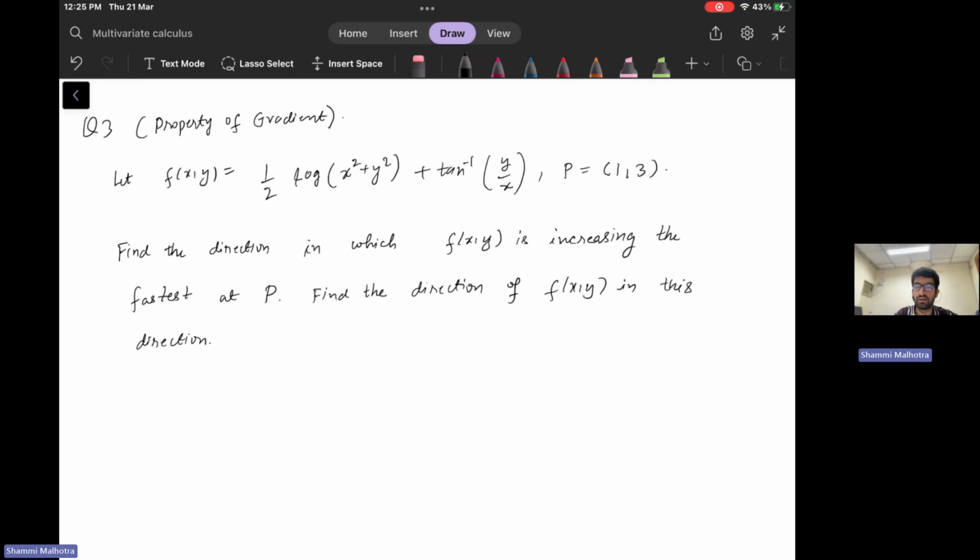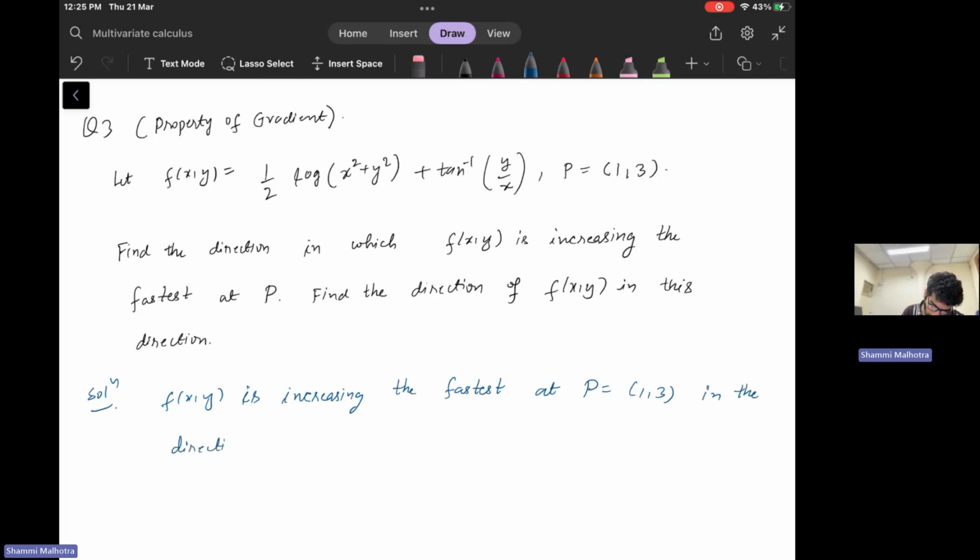So we have to find the direction in which the function is increasing the fastest at this point. The thing we know is that f(x,y) is increasing the fastest at p in the direction of the gradient.